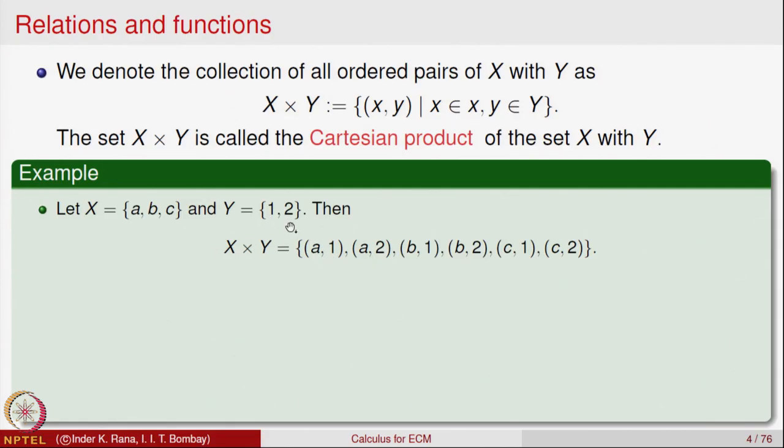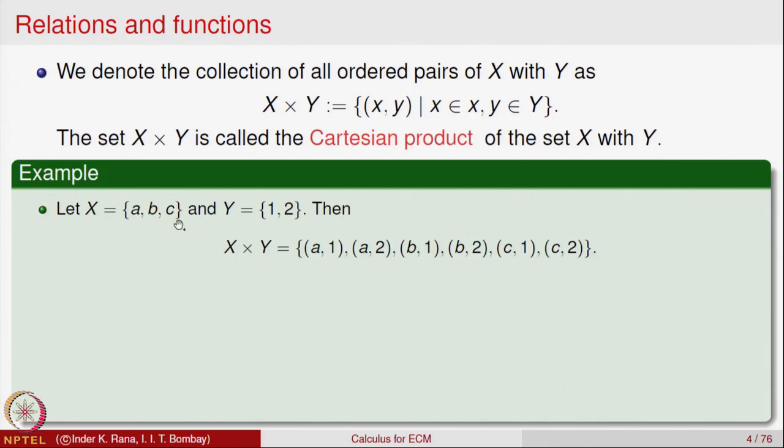Similarly, when we pair it with 2, we get the ordered pair A comma 2. Next, we take the element B of the set X and pair it with the elements of Y. So, we get the ordered pair B comma 1 and another ordered pair B comma 2. And finally, we take the element C from X and construct ordered pairs with 1 and 2 of Y. So, that gives us the ordered pairs C comma 1 and C comma 2.